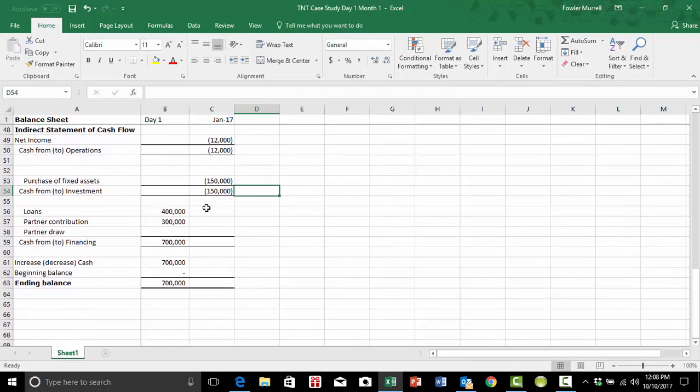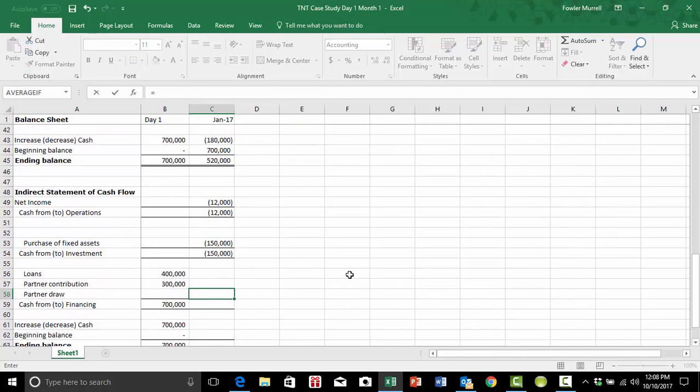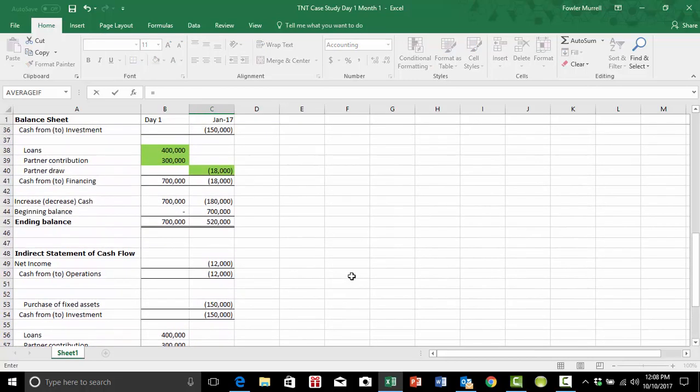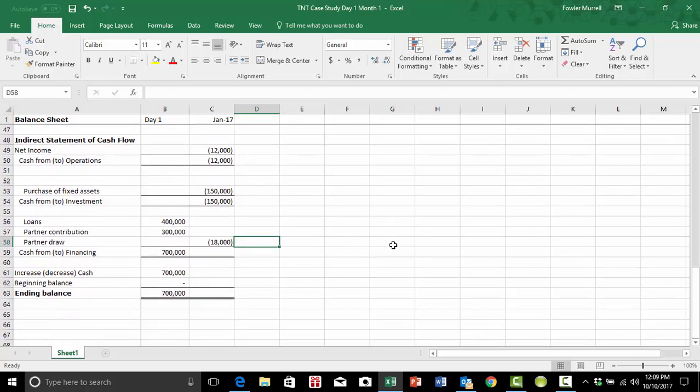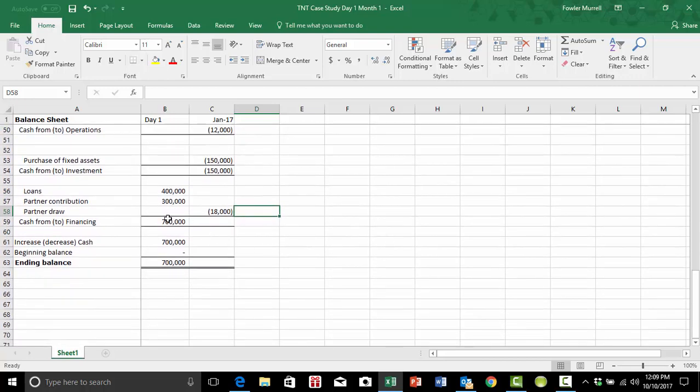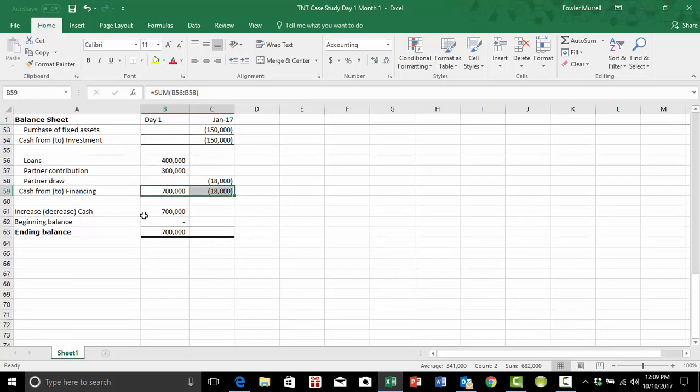And we had no new loans, we had no partner contribution, but we did have partner draw. So that number, we link it to the previous cash flow statement, is that. Okay. Cash from financing is equal to that amount. Okay.